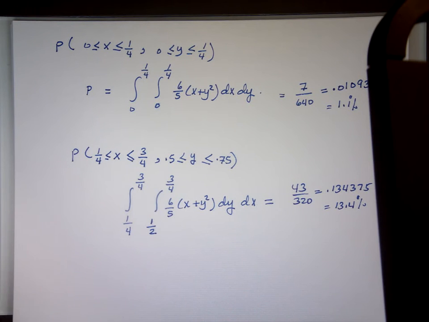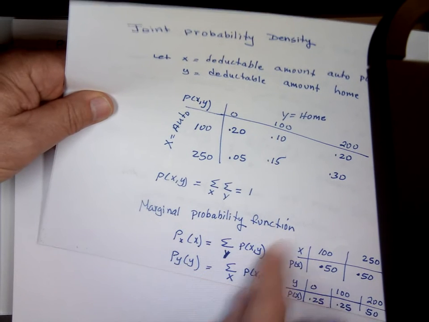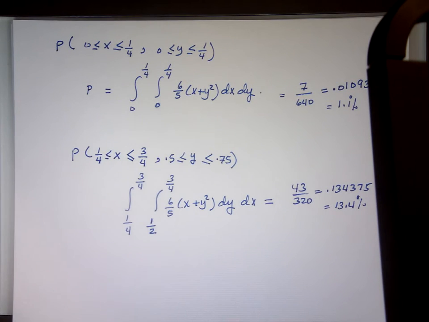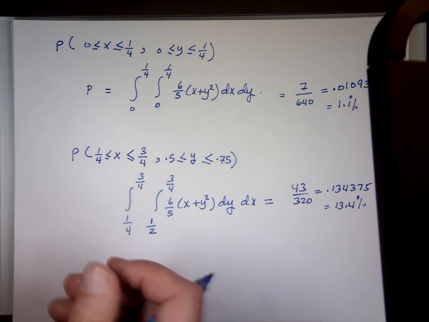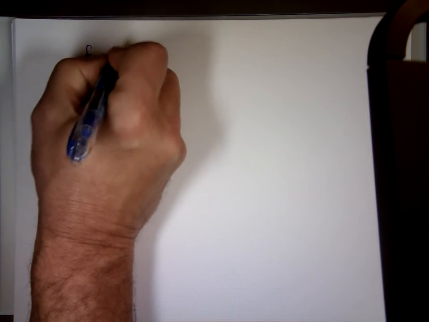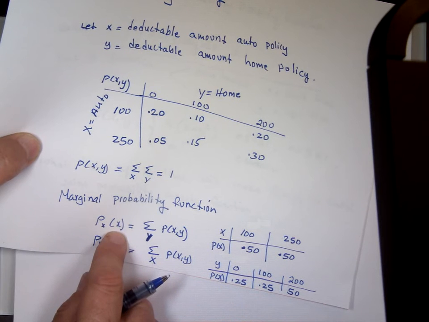Now, what about finding the marginal probability density function, like these? Can we find them? And the answer is yes. If I want to find f of x, like we call them p of x here, the function with respect to x, which is just based on the x values.